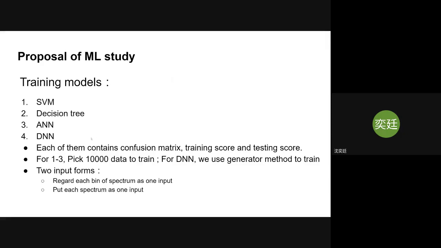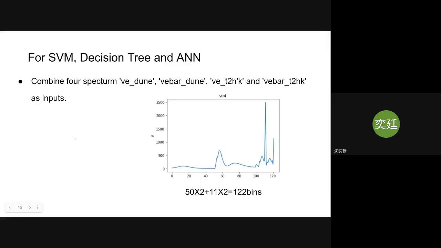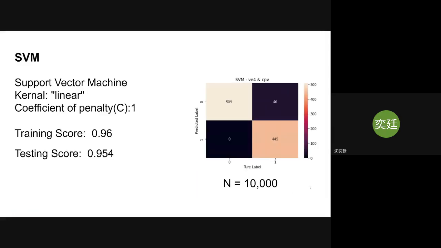For the first three, we pick 10,000 data to train. For DNN, we will use the generator method to train. For training data, we combine 4 spectra as input, like before, with 122 bins in total. We train our model like in class week 6 and only take the CPV label.